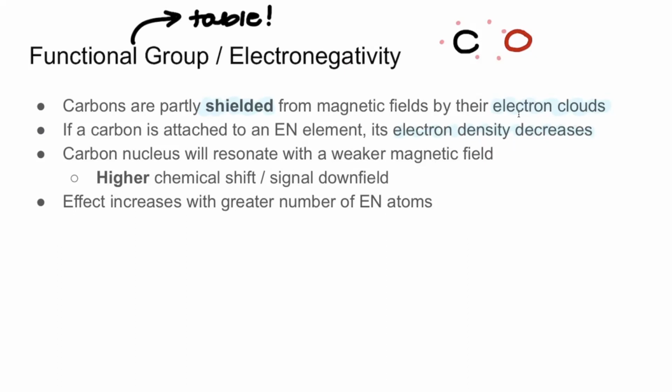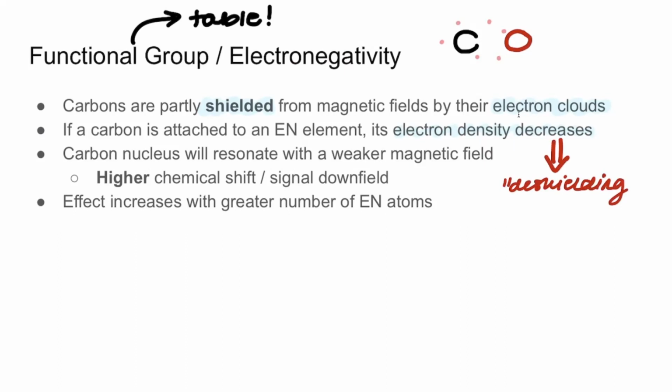Essentially, what oxygen is doing is de-shielding your carbon, getting rid of that shield. And so when this happens, the carbon nucleus is going to resonate with a weaker magnetic field. The way I like to think about it is it's essentially easier to get it to resonate. And so this is why it causes that higher chemical shift, meaning a signal downfield.